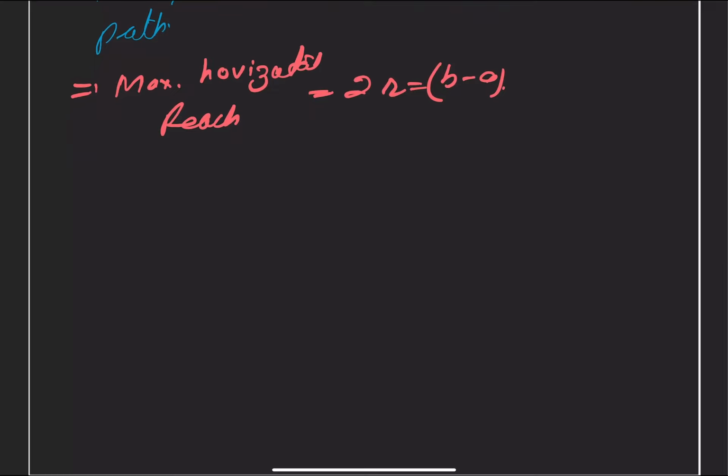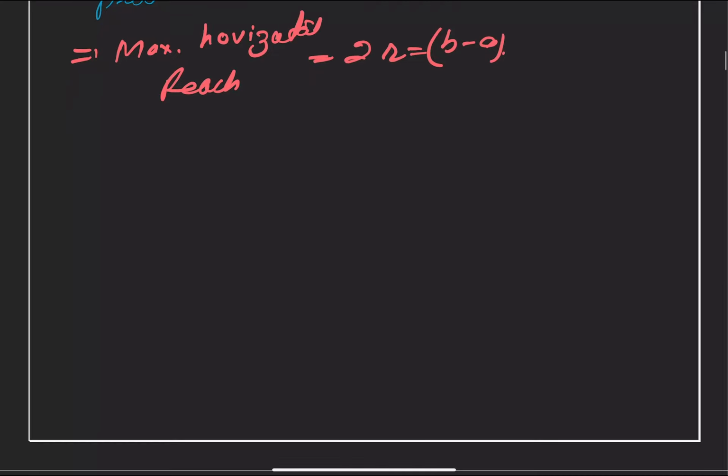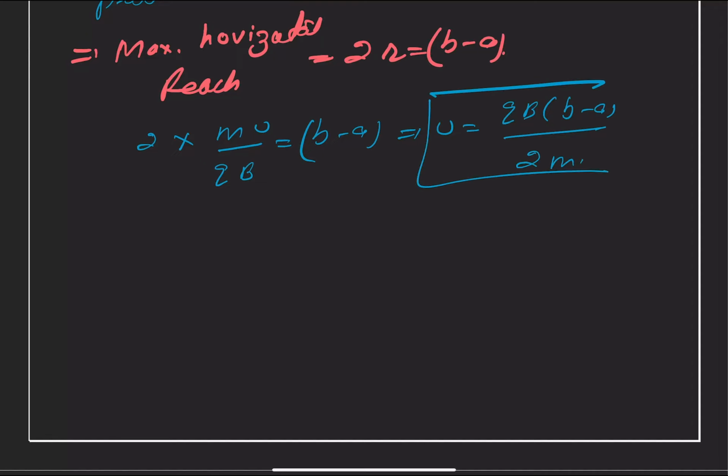The radius we already know, so we substitute here, we get 2 into mv upon qB equal to b minus a. This gives us that velocity v will be equal to qB(b minus a) divided by 2m.